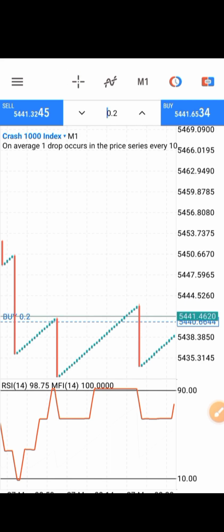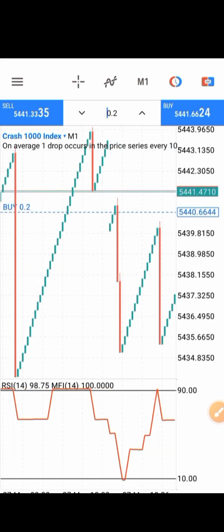So you can see that this indicator has the power of giving you multiple signals in a day, a lot of signals in a day. So let's assume you have a $5 account, the lowest entry you make is 0.3. If you make $1 in a day on a $5 account, do you know how many percent that is? Is it not up to 20%?